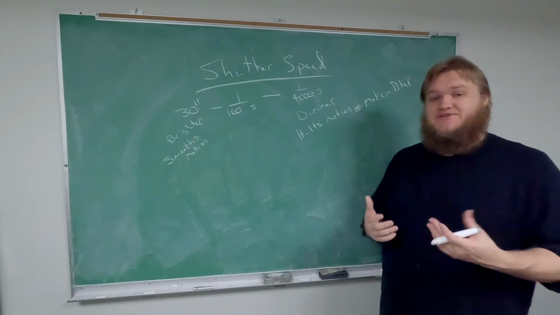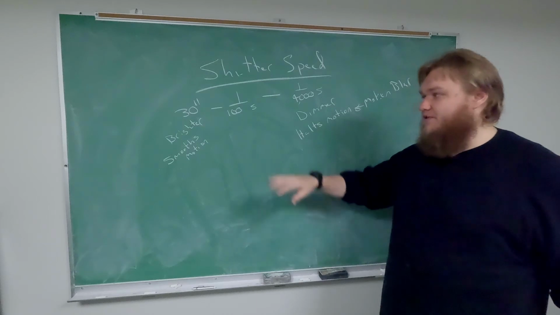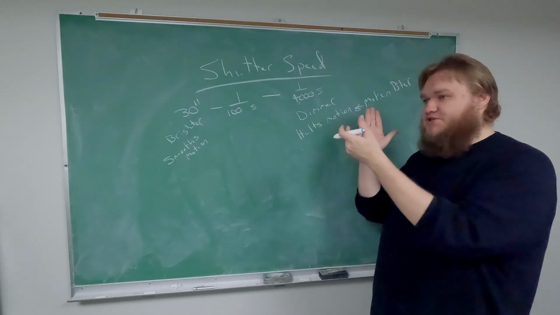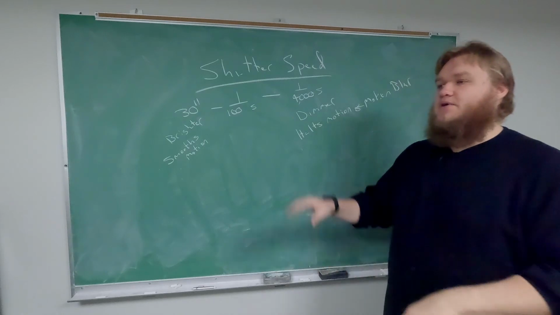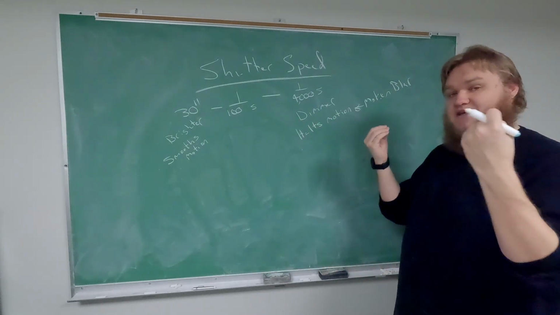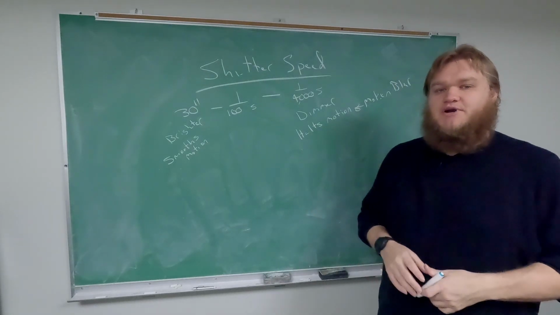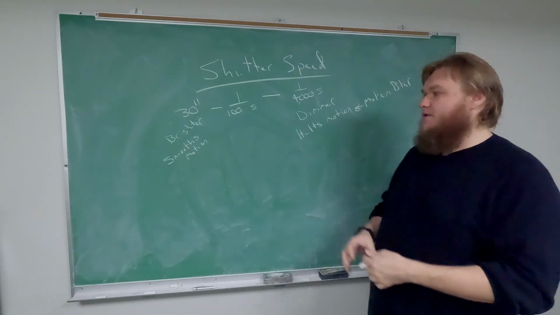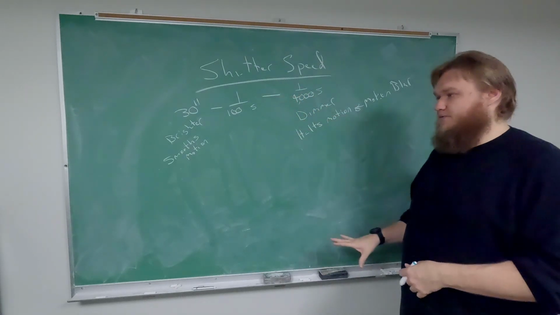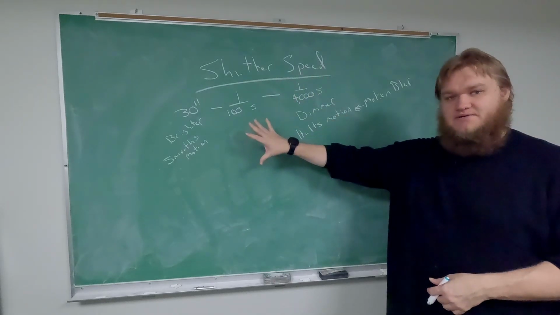That's a technique known as panning, where you follow the car with the camera and you have a longer shutter speed so it blurs everything in the background, but if you follow it at just the right speed, you can make sure that the car is in focus and nice and crisp, but everything is blurred in the background, and that also gives us that impression of motion and speed, right? So selecting your shutter speed is important not just for getting your exposure value right, but it is also important for getting the aesthetics of your shot.